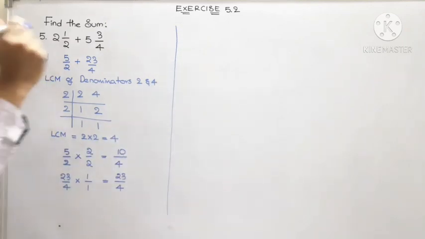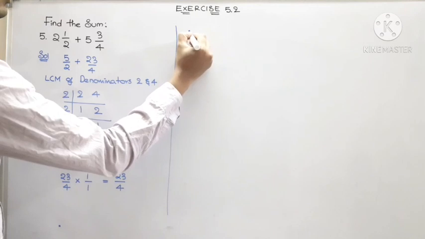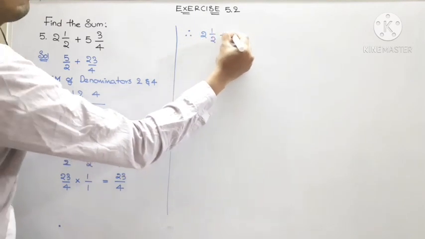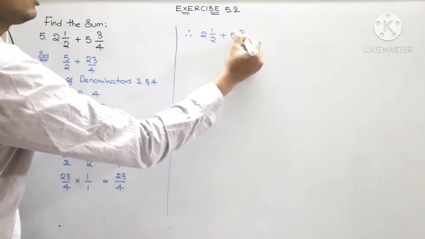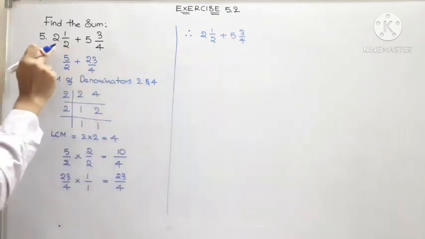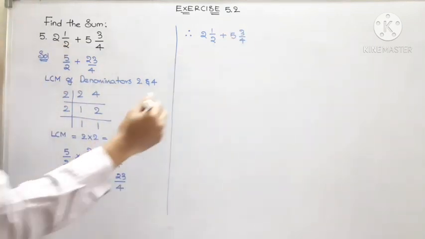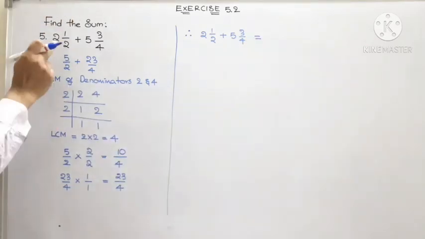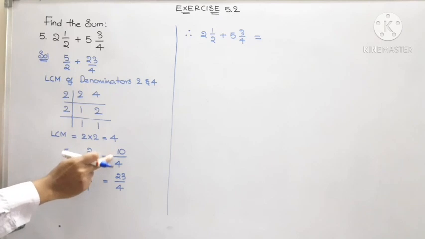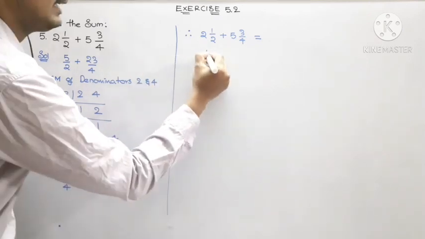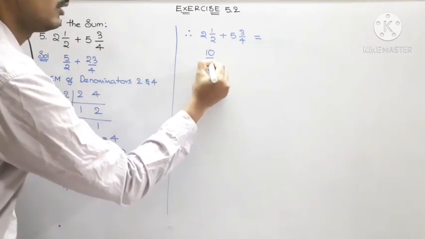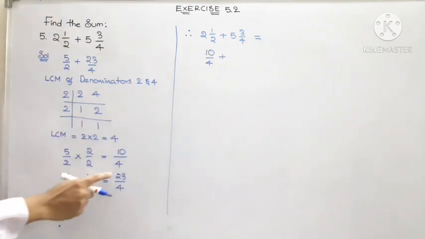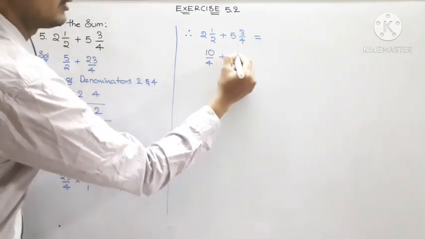Now look, as we have to add 2 1 by 2 plus 5 3 by 4, I am writing the original fraction: in place of 2 1 by 2, we got 10 by 4, plus, in place of 5 3 by 4, we got 23 by 4.